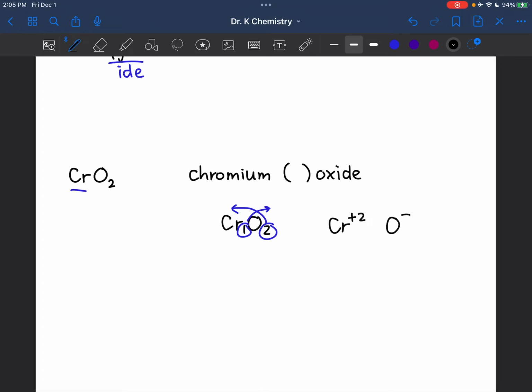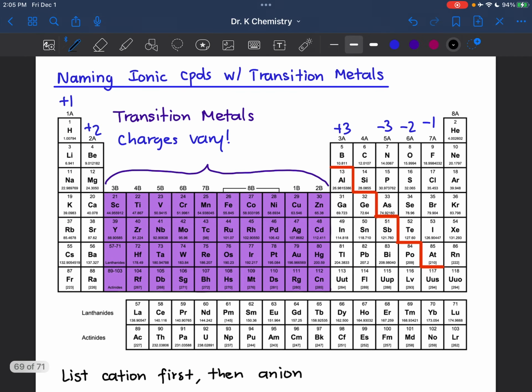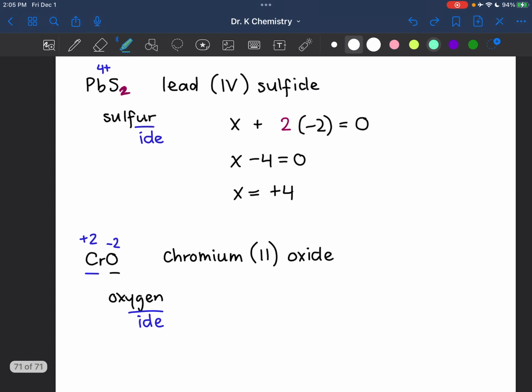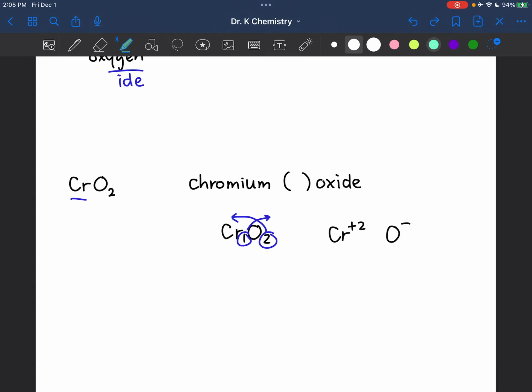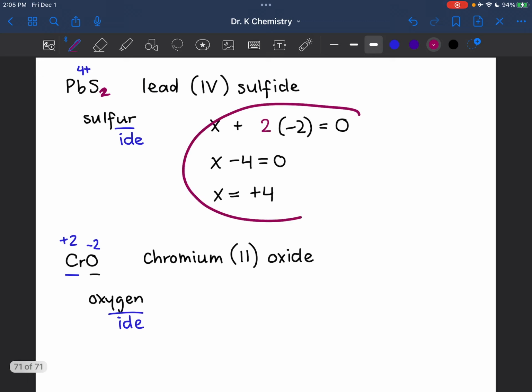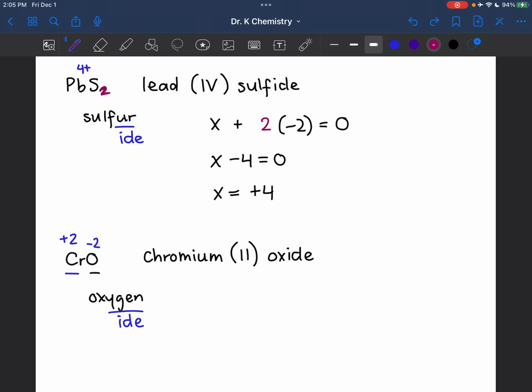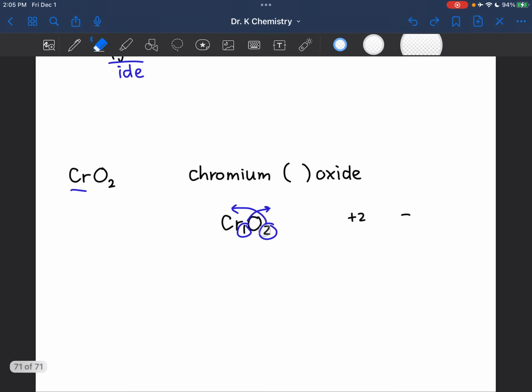If I do that, I get a charge of positive 2 on chromium and a charge of negative 1 on oxygen. And looking at the periodic table, I can see that that is definitely not correct. The charge on my anion is definitely wrong. So we do not want to use the uncrossing method here. We're going to use the method of setting up an equation like we did in the previous problem.